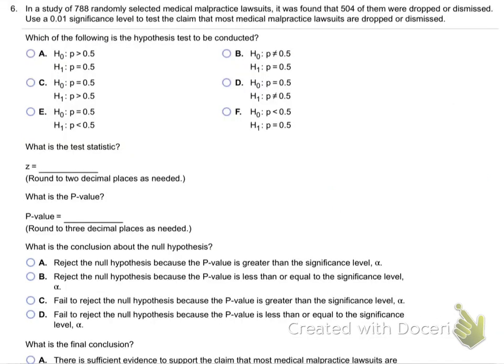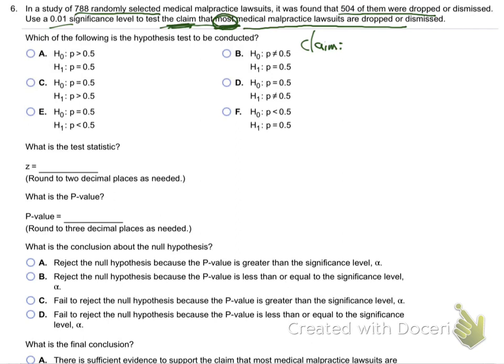Okay, a study of 788 randomly selected medical malpractice lawsuits found that 504 were dropped. Use a 0.01 significance level to test the claim that most medical malpractice suits are dropped. Most. Okay, so let's write the claim. What does most mean?